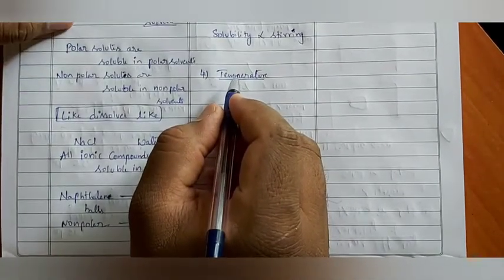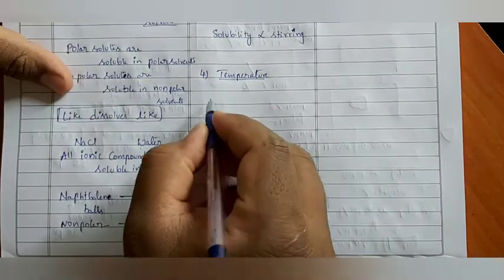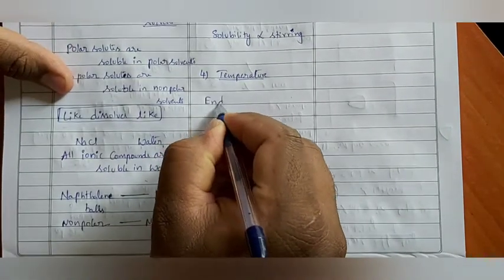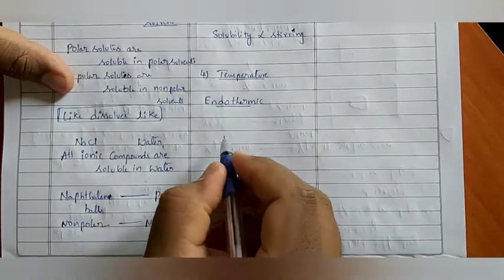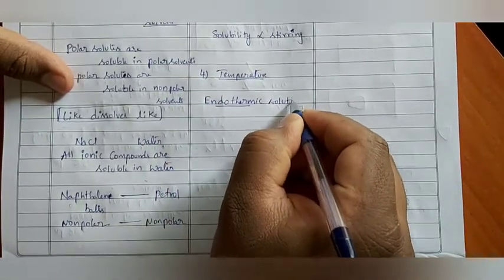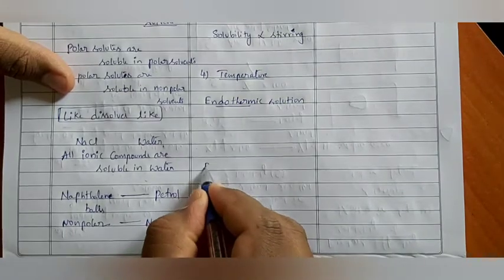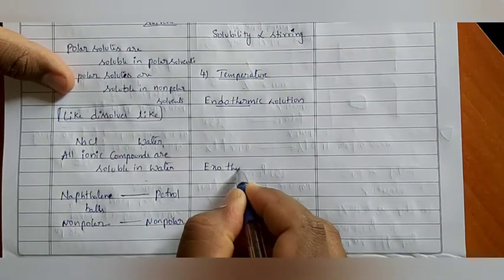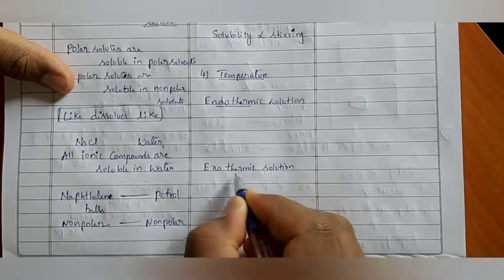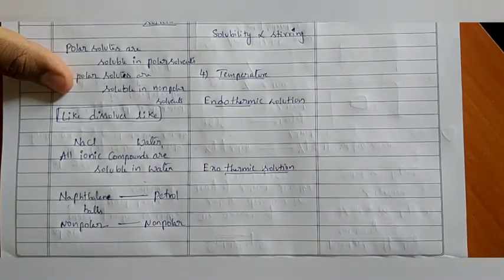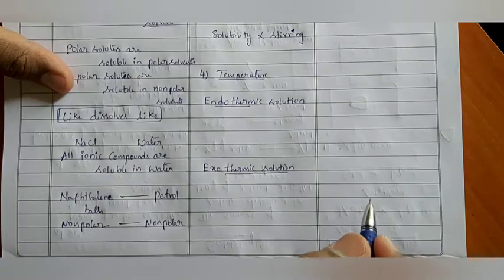With respect to energy, heat energy, there are two types of solutions. Those are endothermic solution and exothermic solution. Endothermic solution and exothermic solution.